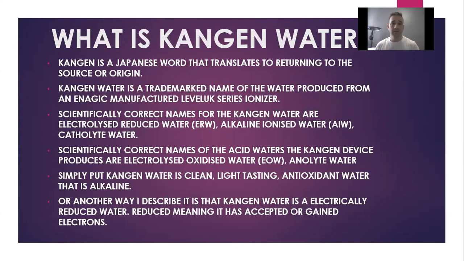It's the opposite of oxidation. It's a reduction. So the simplest way to understand it is reduce. Why it's called electrolyzed reduced water is because it's gaining electrons. And on the acid side, the positive side, electrons are being removed from the water. So we're having an oxidation happening.